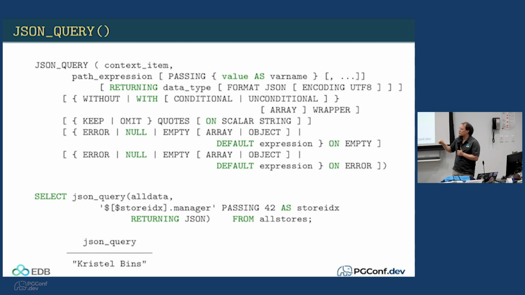You have a bracket, $store[x], close bracket, dot manager. And what this is saying is that please give me the manager of the store number 42. And notice that here I have the data in table all_stores, column all_data.